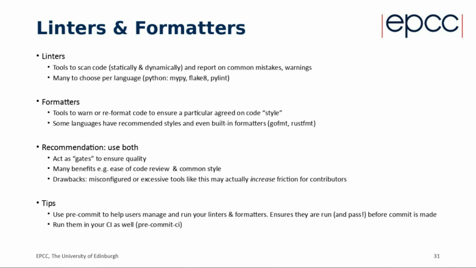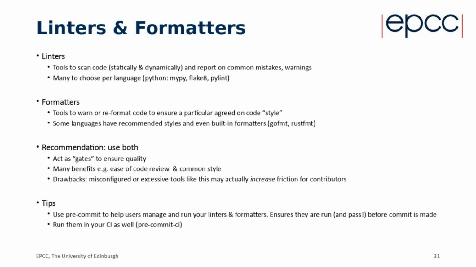The second flavor are the formatters, which help to make sure your code looks nice. This is probably one of the more controversial topics generally, because everybody has their own preferred style. But it's important to pick one that works for your team and everybody's happy with.